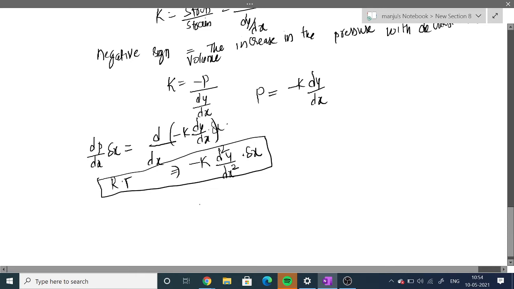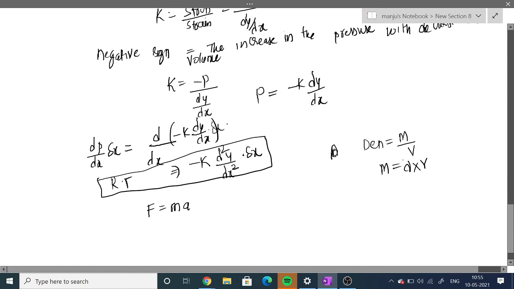This force can also be given using Newton's second law of motion. We know that F is equal to ma. The density is equal to mass by volume, so the mass is equal to density into volume.